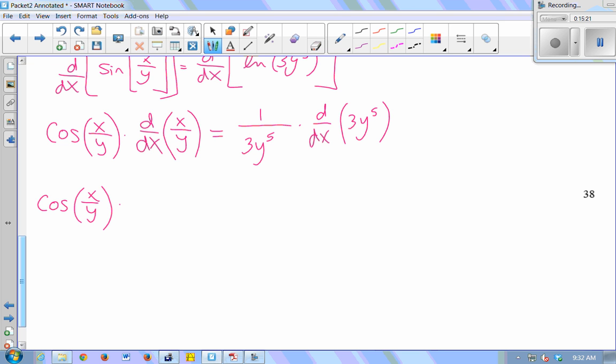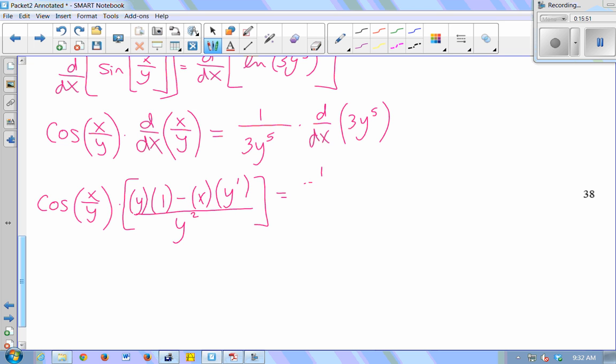So I'm going to have denominator times the derivative of the numerator, which is what? Derivative of x is 1, minus the numerator times the derivative of the denominator. What's the derivative of y? Y prime. All over the denominator squared.